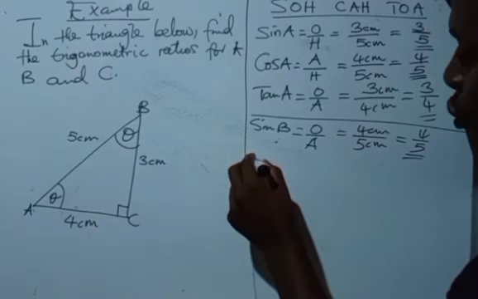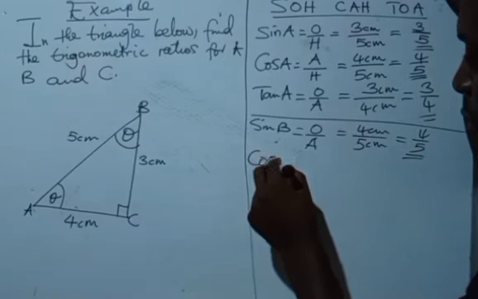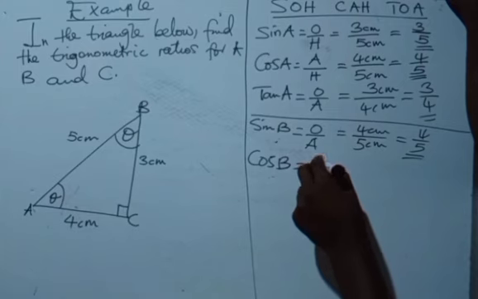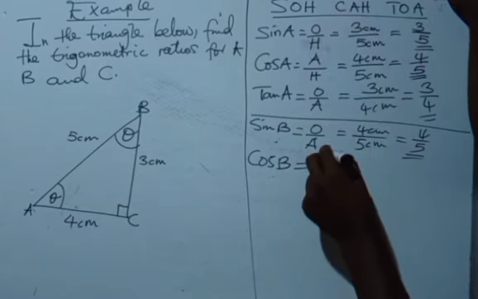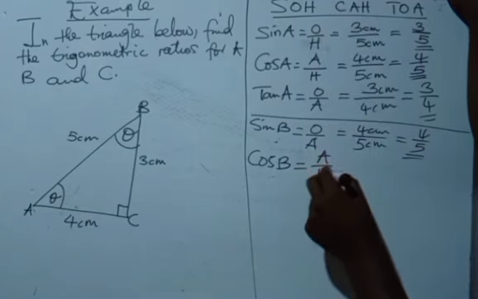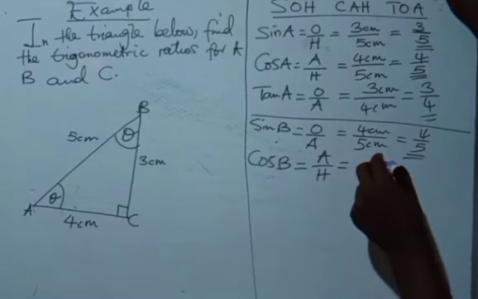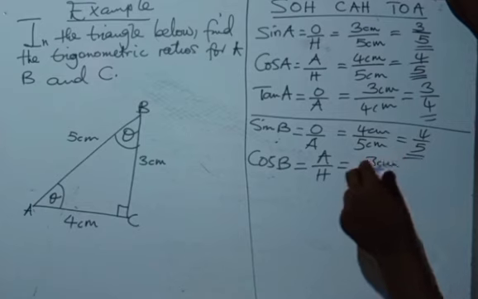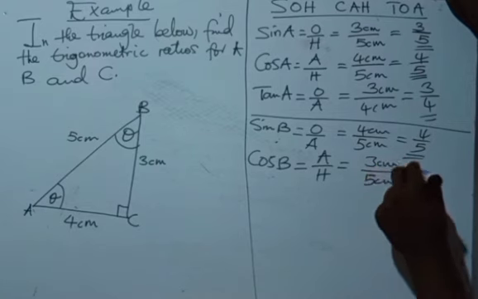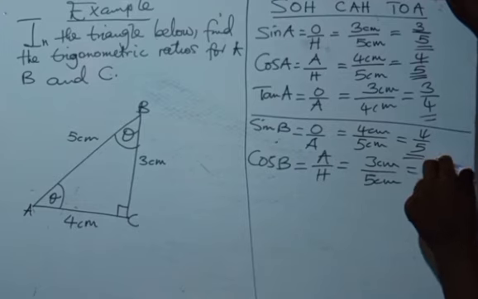Then we go to cos B. Cos B is adjacent over hypotenuse. The adjacent of B is 3 centimeters over hypotenuse 5. So our final answer will be 3 over 5.